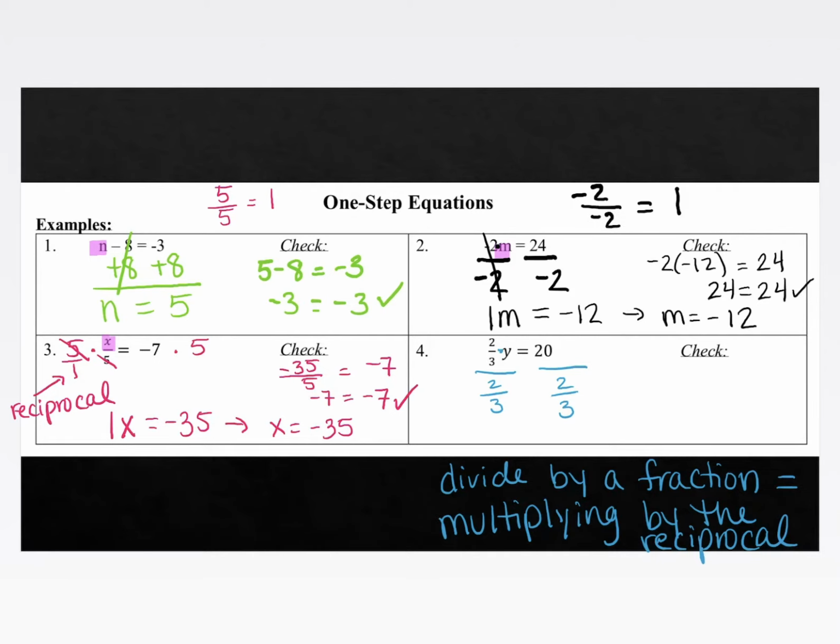So don't ask why, just flip and multiply. So instead of dividing on both sides now, the reciprocal of 2/3 is 3/2.